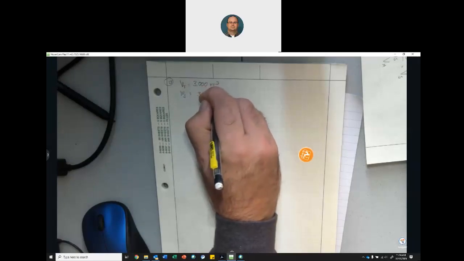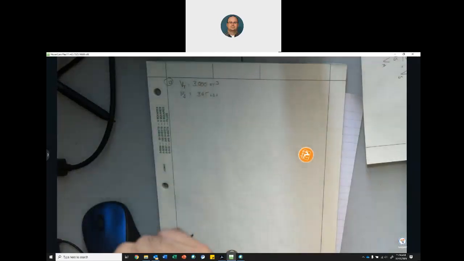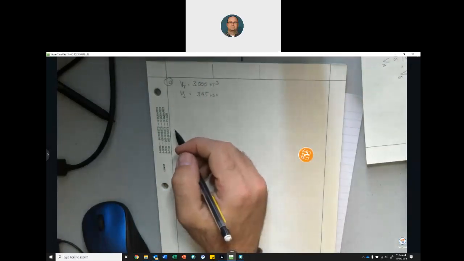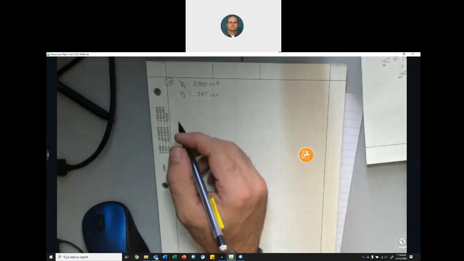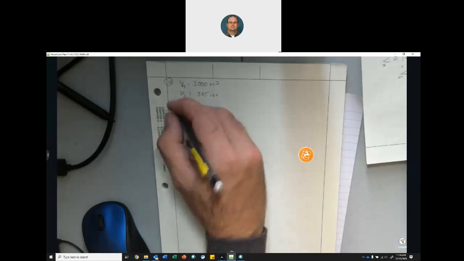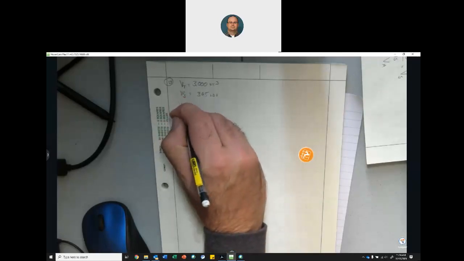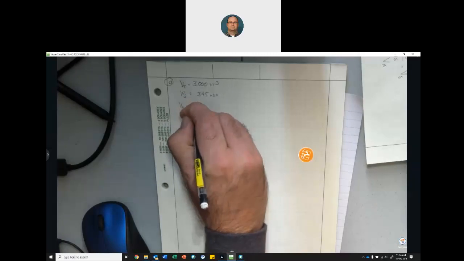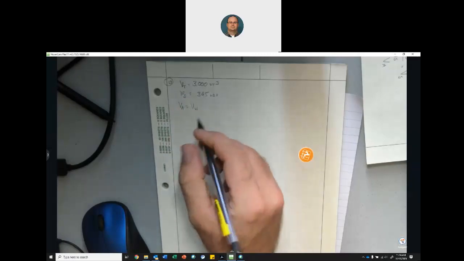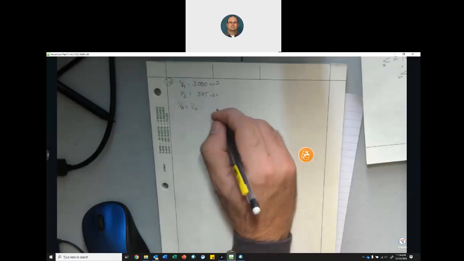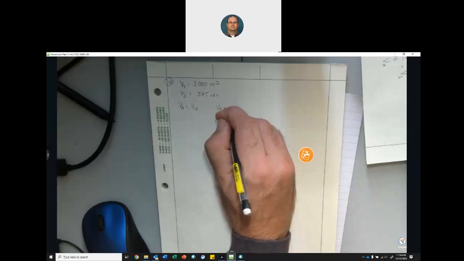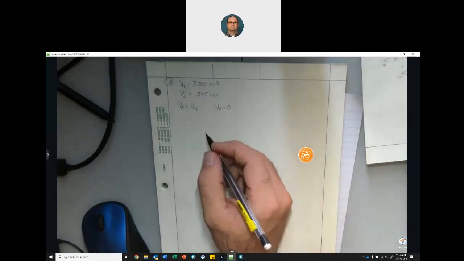All right. Water is then added to the container such that all air is removed, saturated. So that means volume of air equals volume of water. So that means basically volume of air equals 0 in the phase diagram, right?